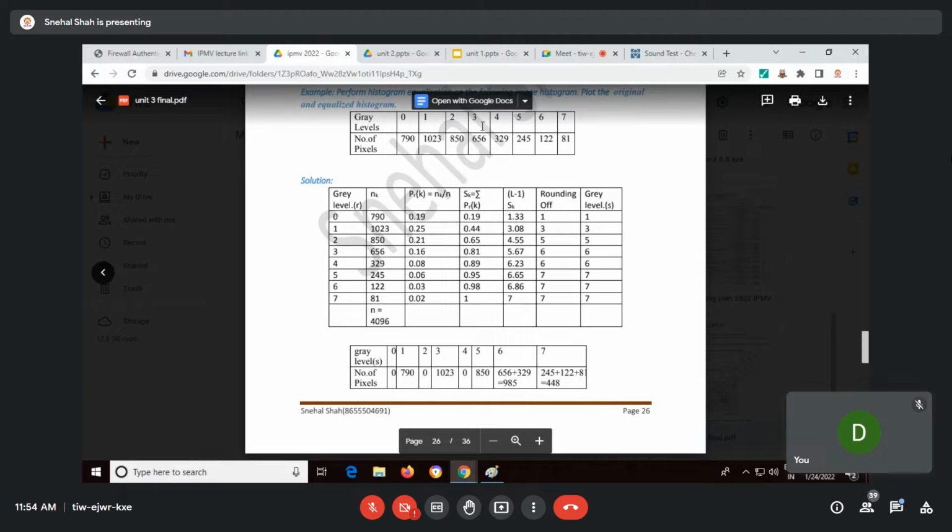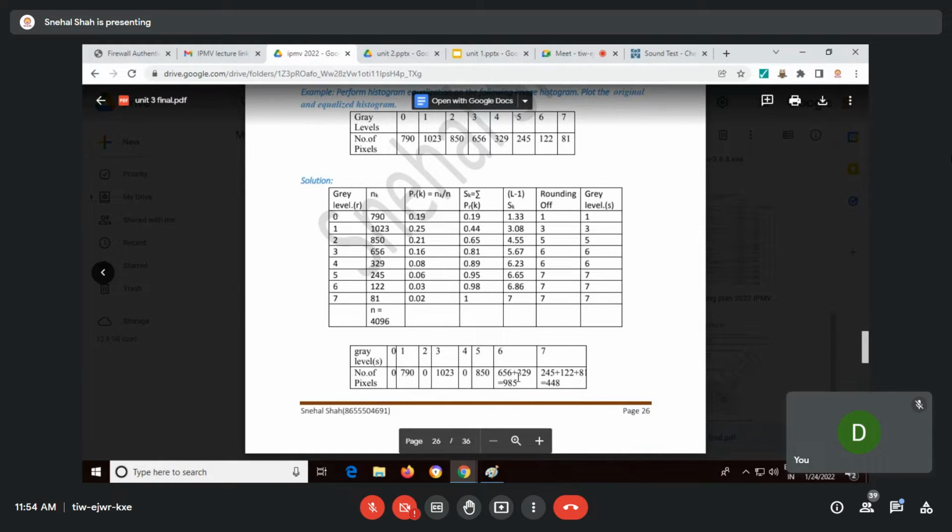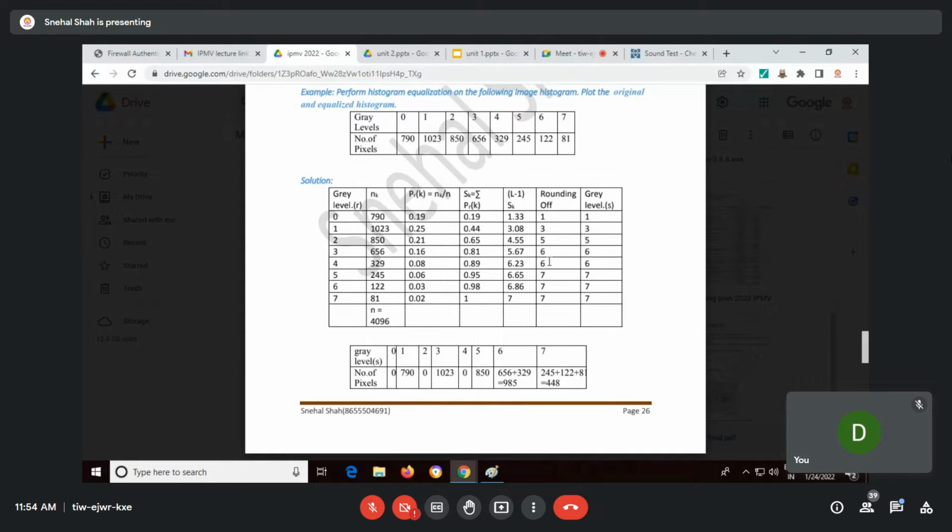So you have to take the addition of these two, which is indicated to new gray level number 6. So that's why you have to take the addition here. Yes, ma'am, understood. Any other doubt? No, ma'am. Clear? So complete your example.